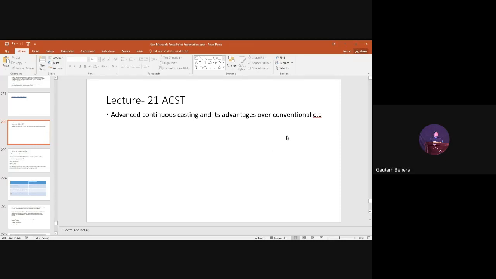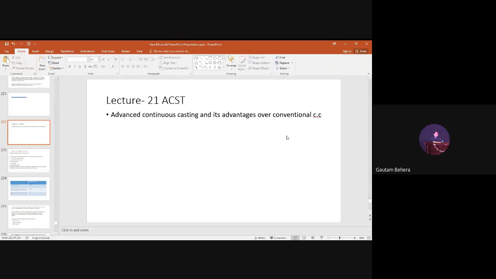That is the reason why some advancement has taken place in continuous casting in recent years, to increase the quality or the rate of production, or on economic grounds, so that we can produce steel at a lower cost.